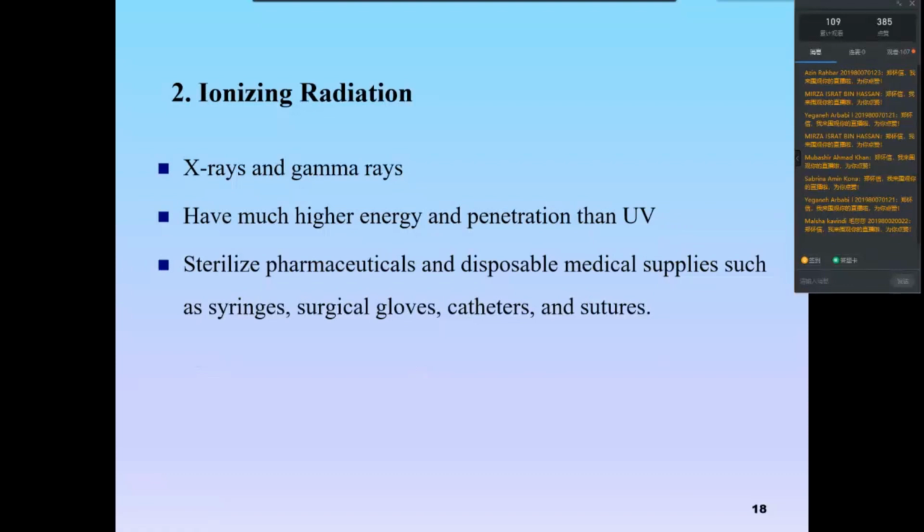We can use gamma ray to sterilize pharmaceutical or disposable medical supplies, such as syringes, surgical gloves, catheters, or sutures. Those are the materials you will use during a surgery. And for some of them, you cannot autoclave them, but you can use this ionizing radiation to sterilize them.